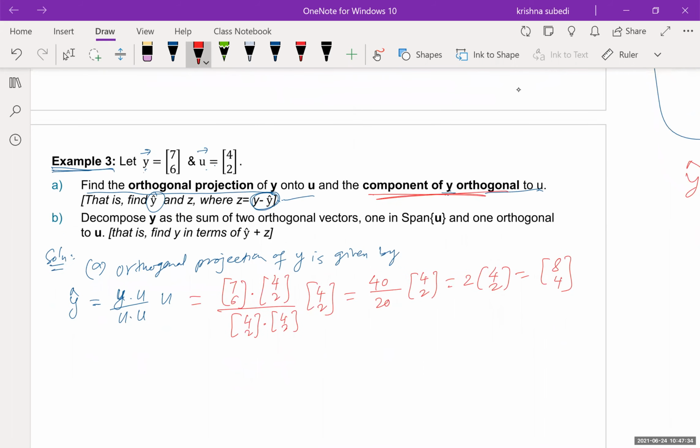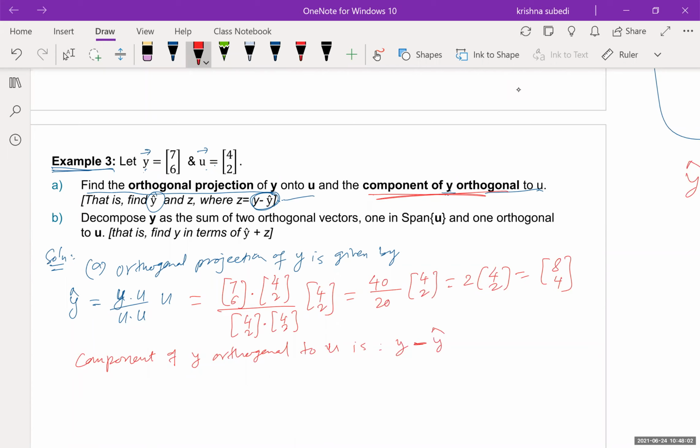Orthogonal projection of y is given by this one. Now, component of y orthogonal to u is y minus y hat.